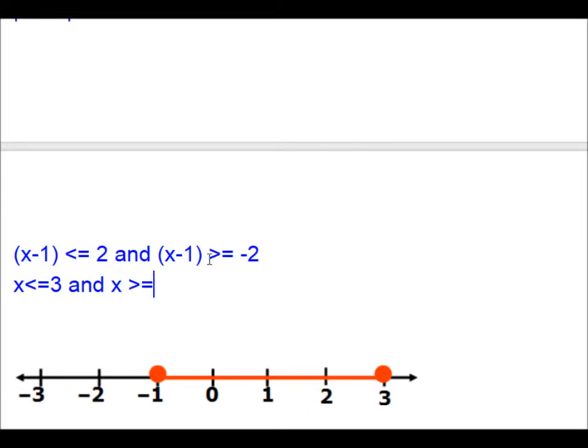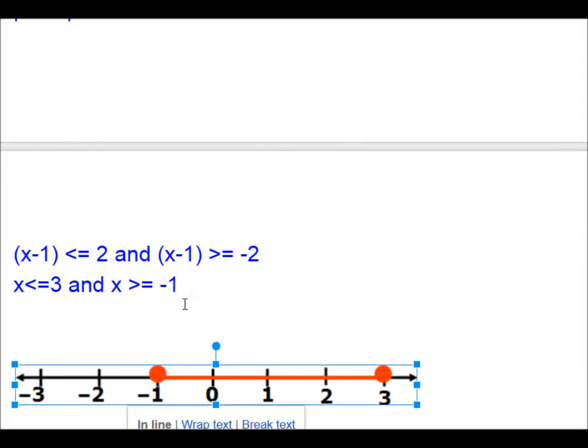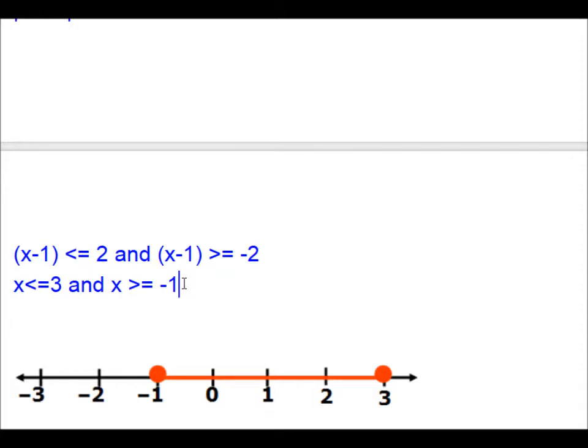So it's greater than or equal to minus 1. So x is less than or equal to 3, that means 3 is included. So on the number line we have to put a dot, and x is greater than or equal to minus 1. So a dot here on minus 1, because including minus 1 is the solution. So this is how we represent it on the number line.